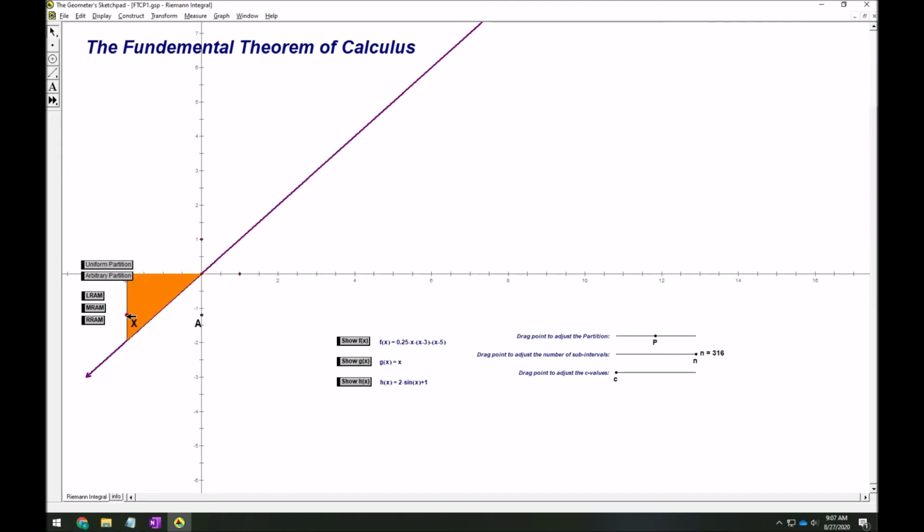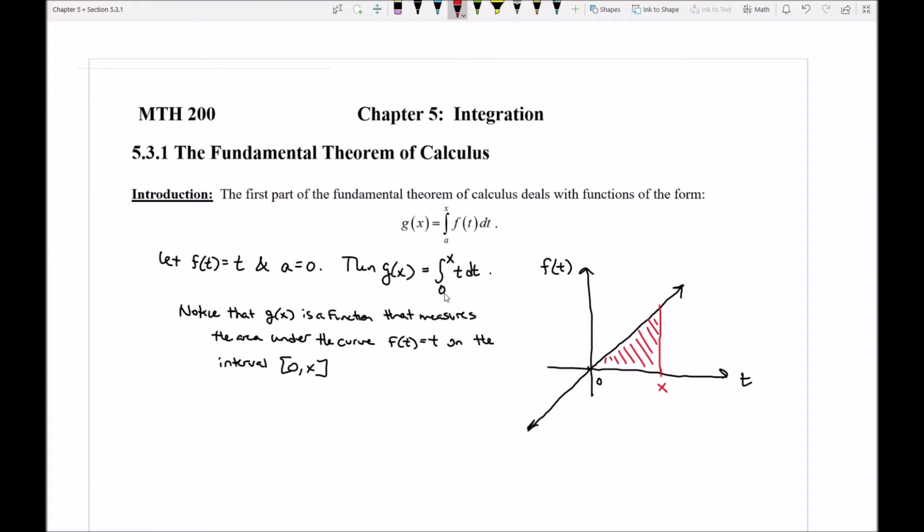Notice if I selected a negative value for x, which is totally possible to do, I'm going to get this negative area back, except for the fact that when I take a look at my integral, then my bounds would be going from 0 to a negative number, and that, of course, would make the area negative again, or multiplied by a -1. And so regardless of which way I go, I end up with a positive total area. So this, again, is a really, really weird sort of function, a type of function that we've never seen before.